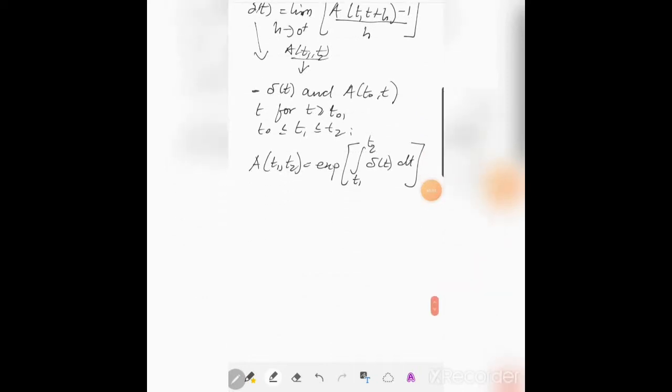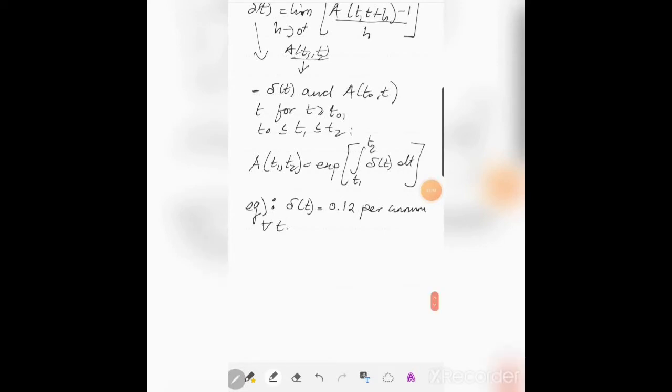So I'll take this example. The force of interest per unit time is nothing but 0.12 per annum for all t.